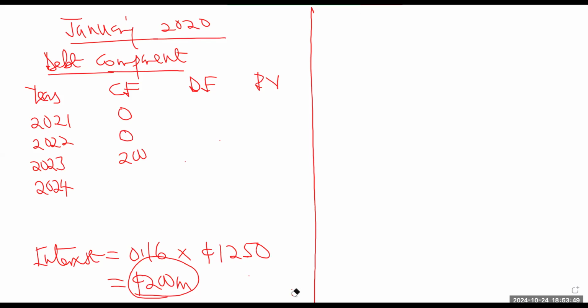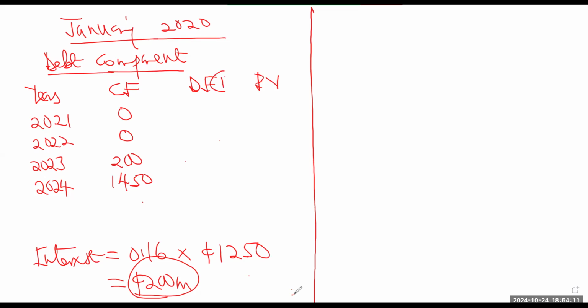So we come to this one, we have the 200 over here. So at the end of this year, we pay the interest and still pay the amount to these people, and that will give us 1450. The full amount is 1,250 plus the interest, that will give us 1450.